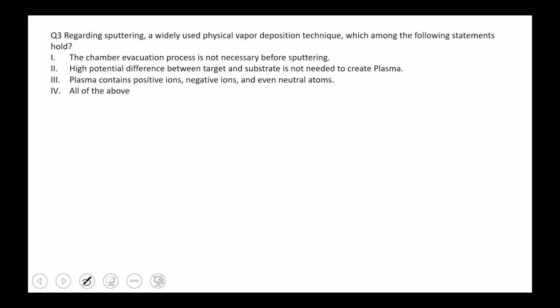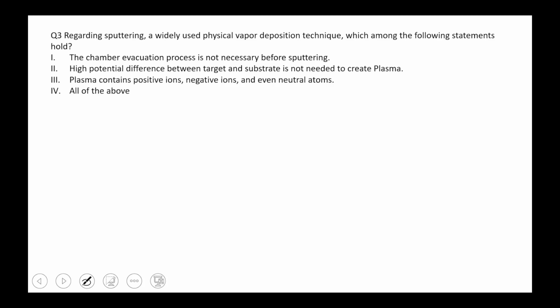For sputtering, we need to create the environment, like a chamber for it. So the first one holds true. Second, the potential difference between the target and substrate is needed, like a highly negative potential. And also plasma contains positive, negative, and neutral atoms, which also holds true.